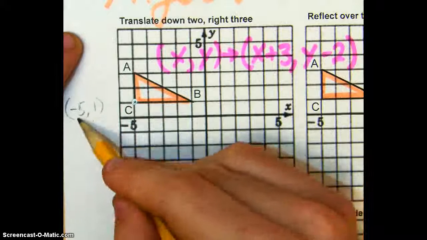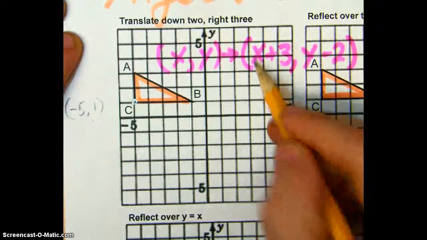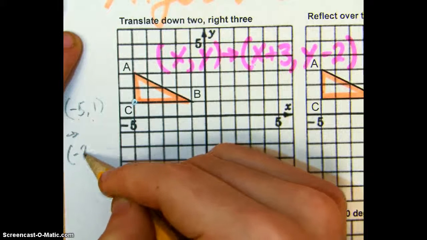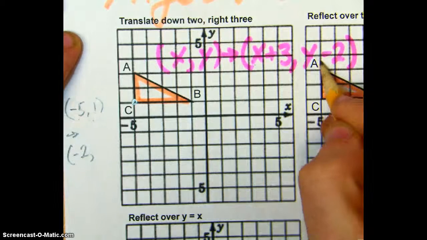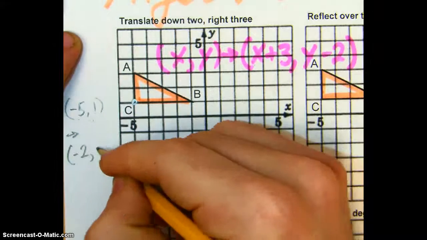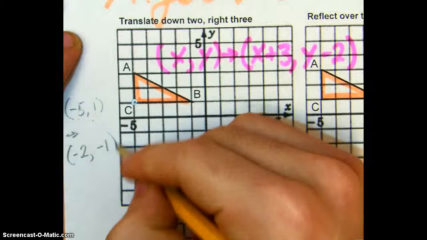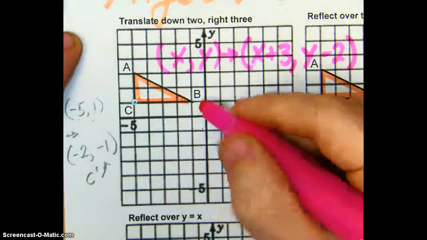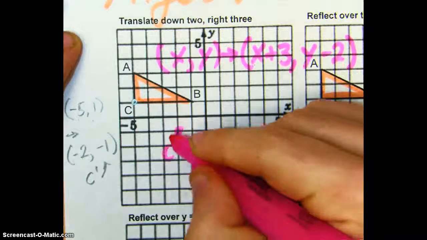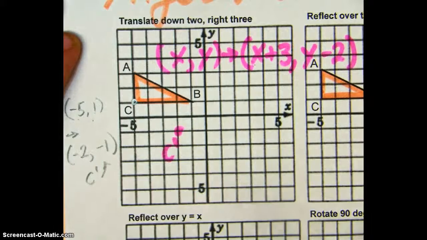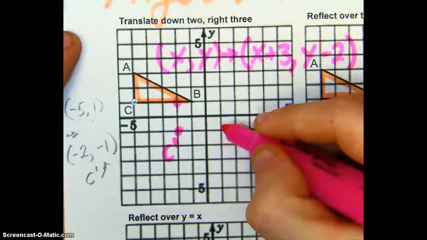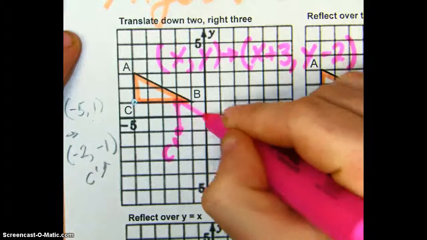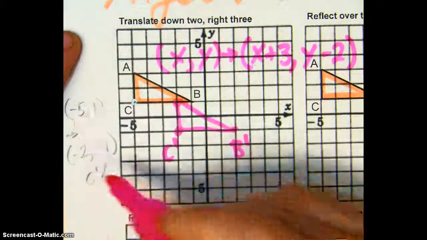So let's see, negative 5 plus 3 leaves me with negative 2. 1 minus 2 leaves me with negative 1, which means that C prime will be at negative 2 comma negative 1. So if I draw that in, negative 2 comma negative 1, there's C prime. You could do this with all the other points and find out where A prime and B prime will be. And that is how you use an algebraic map.